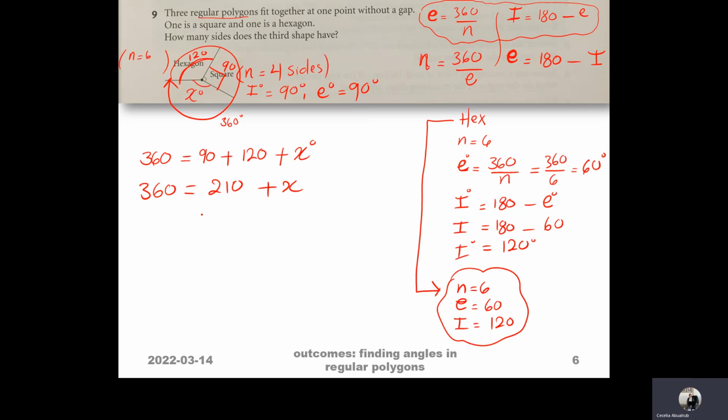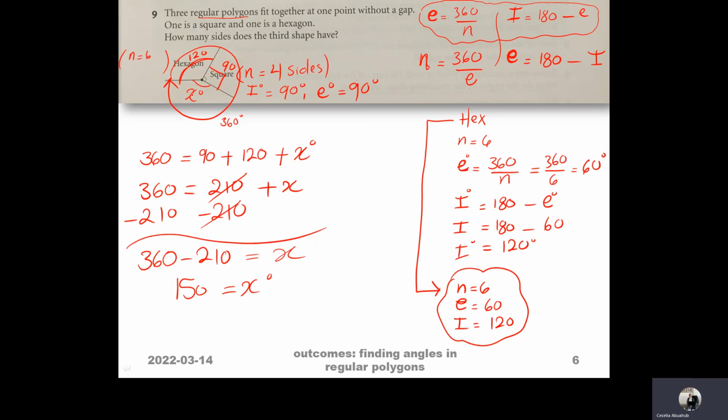Now we are going to apply opposite operation. So minus 210 minus 210. So 360 minus 210 is equal to x. So 360 minus 210, so x is equal to 150 degrees. So this interior angle is 150 degrees, right?